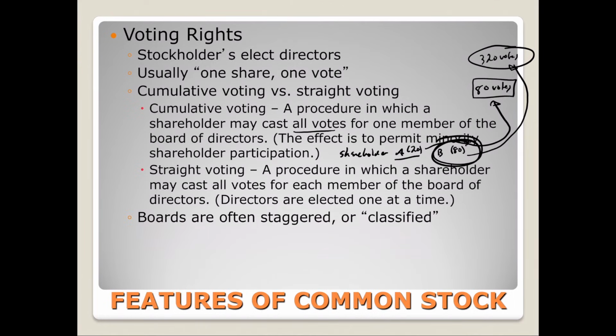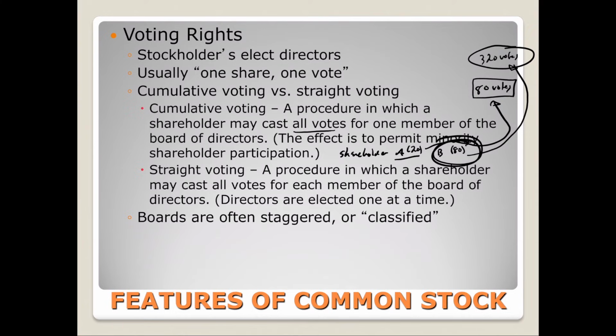Now, oftentimes boards are staggered or classified. With staggered elections, only a fraction of the directors are up for election at a particular time. So when you have these staggered elections, it makes it more difficult for a minority to elect a director than when there's cumulative voting, because there are still fewer directors to be elected at one time.